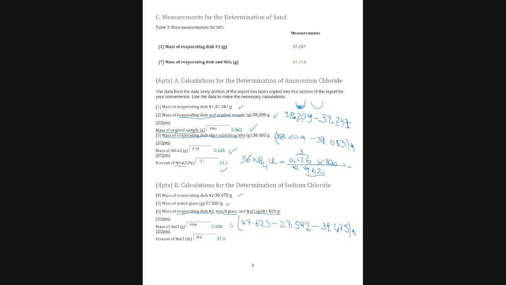And again, because it's a subtraction, I'm looking here at 3 digits after the decimal point. And the percentage, I calculate the same way: the mass of sodium chloride times 100 divided by the mass of the original sample, that is always the same, 0.962. Any questions so far?